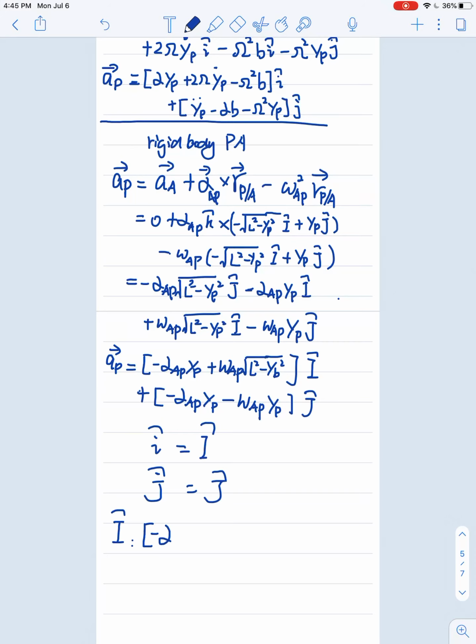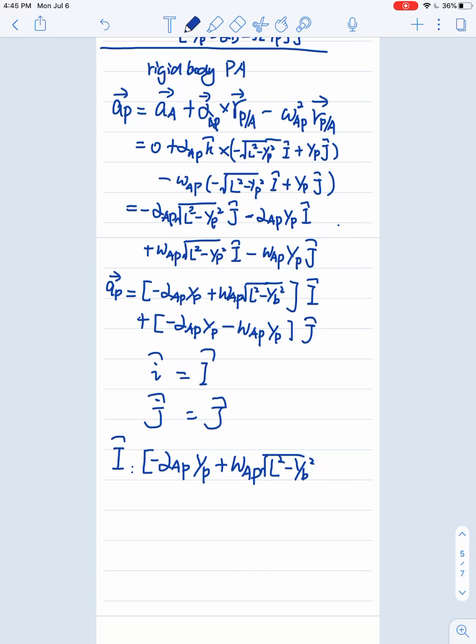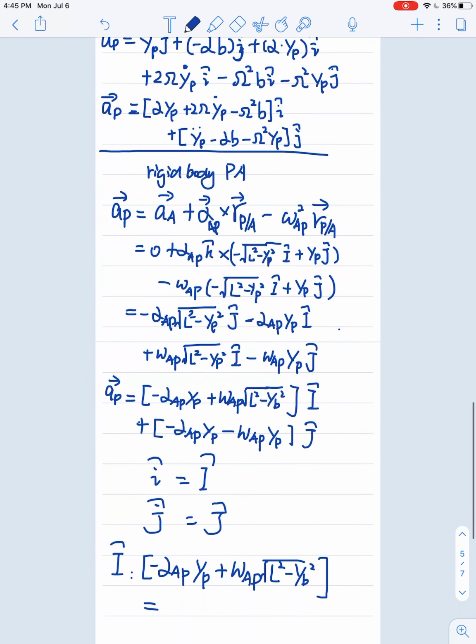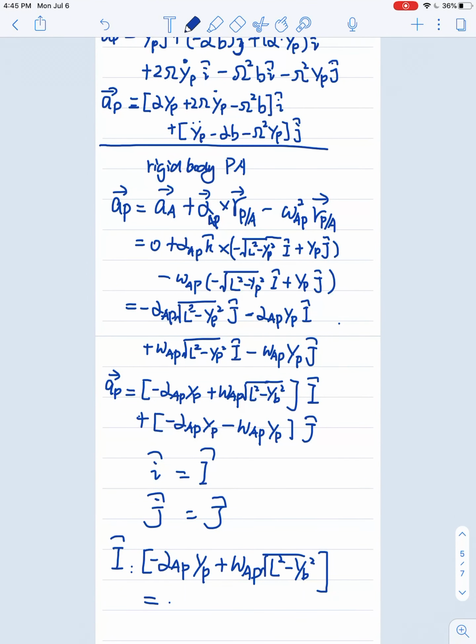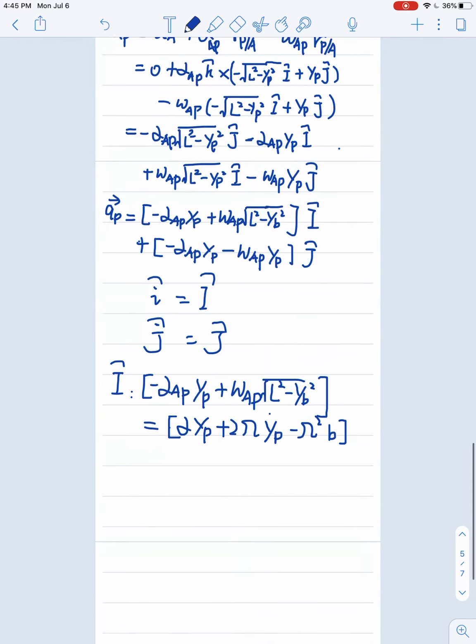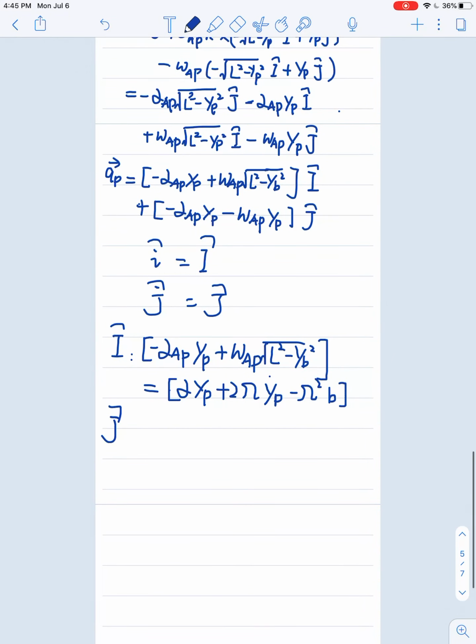So for the I components here, we have alpha AP YP plus omega AP square root L square minus YP square, which equals the I component, alpha yp plus 2 omega yp dot minus omega square b. Okay, this is the I component.